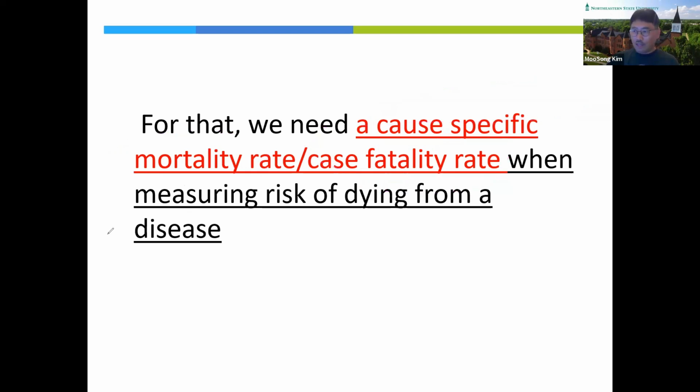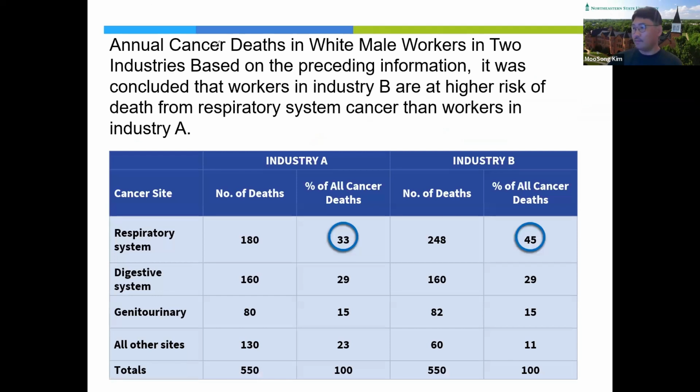So here is one example of these questions. Annual cancer deaths in white male workers in 2 industries, based on preceding information. So we only have this information. And it was concluded that workers in industry B are at higher risk of death from respiratory system cancer than workers in industry A. Is this correct or not?